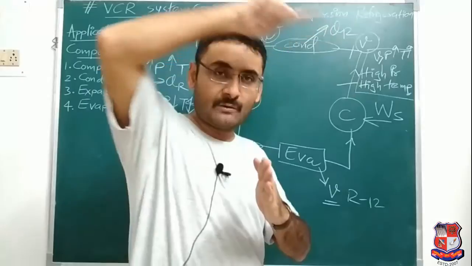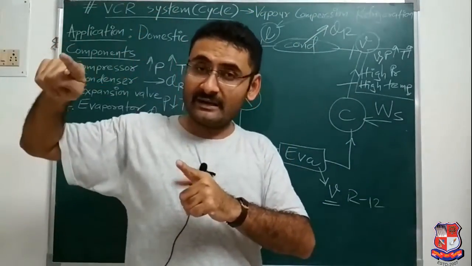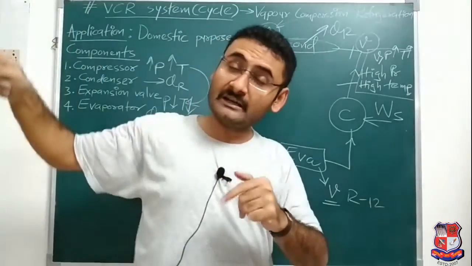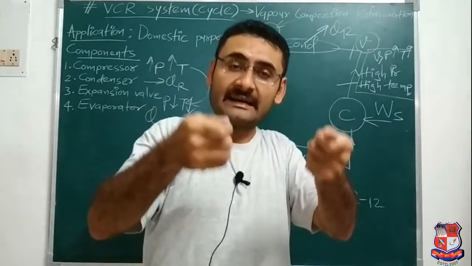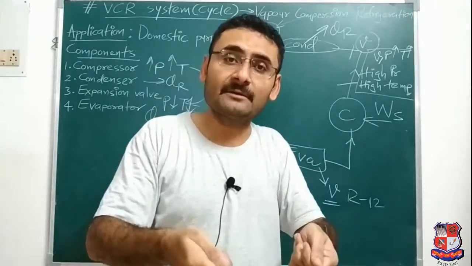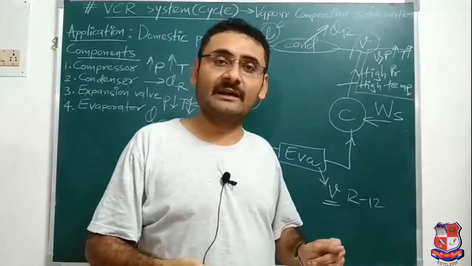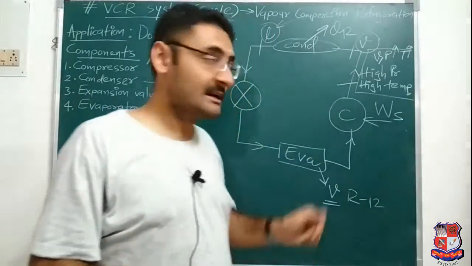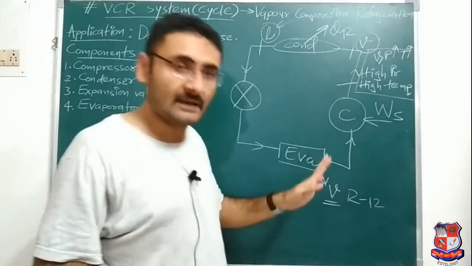Its temperature will increase from 27 to 28, 1 degree, 28 to 29, 1 more degree, and 29 to 30, 1 more degree. That means whatever heat you are supplying is used for what purpose? To increase the temperature by 1 degree centigrade. That type of heat is known as sensible heat or specific heat. But latent heat means what? It simply changes the phase, and that heat is rejected in the condenser.